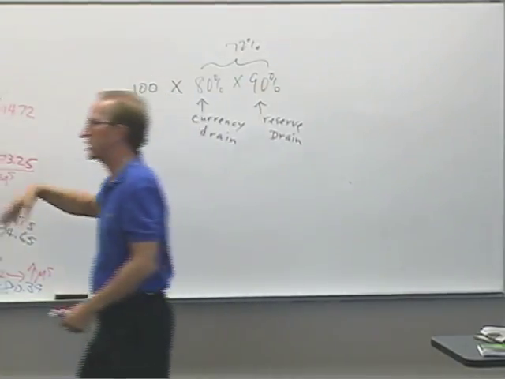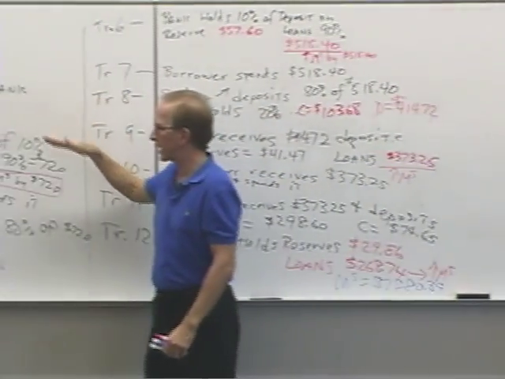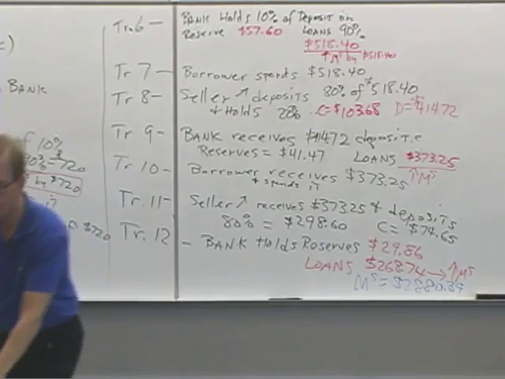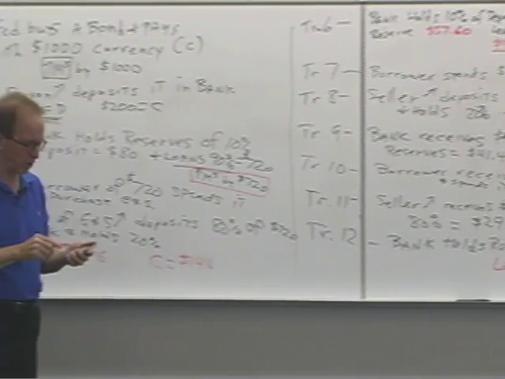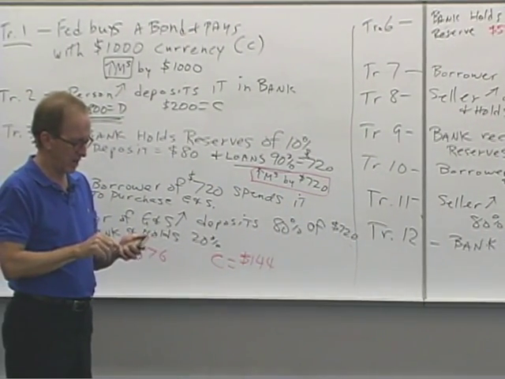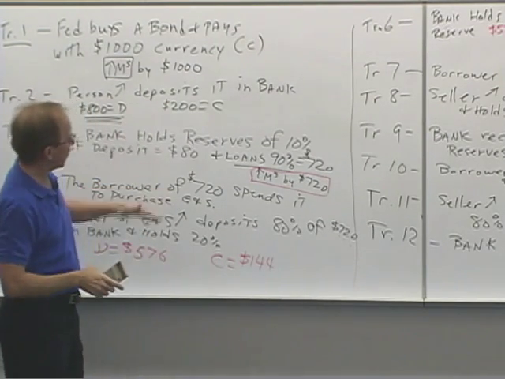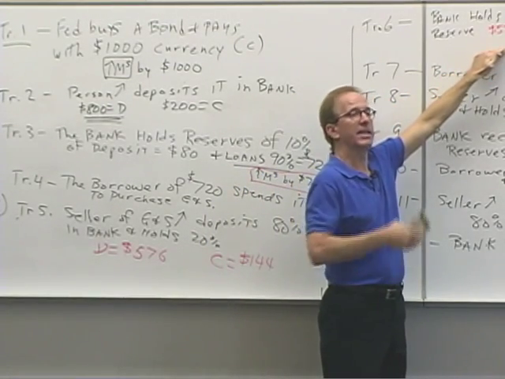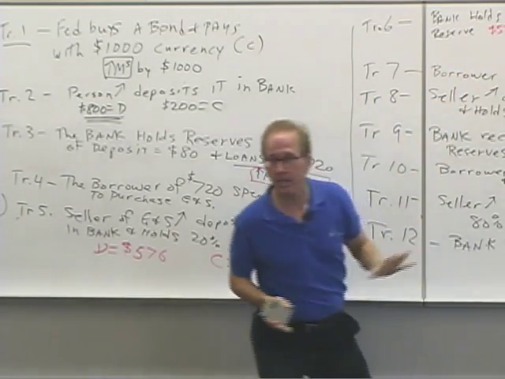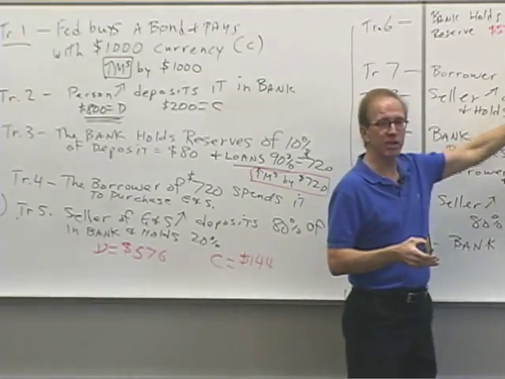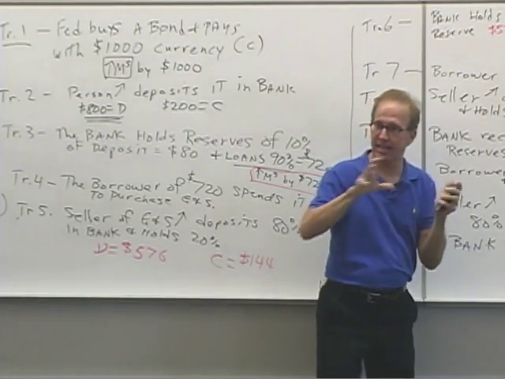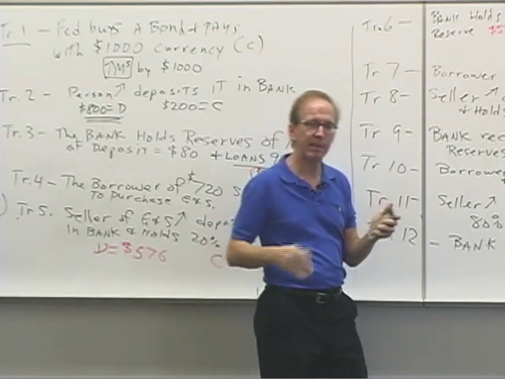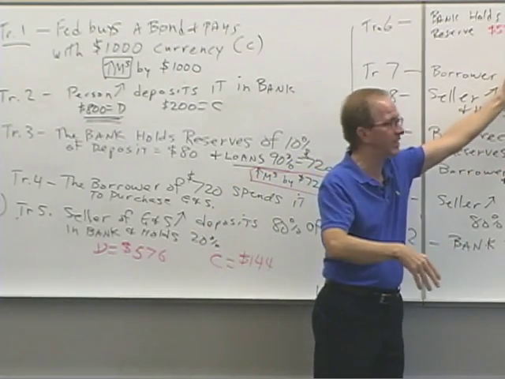And so you can see, we started with 1,000. This became $720 the next time around, and there's no question about that being 72%. But $720 times 0.72 equals $518.40. And then that $518.40 ends up being loaned out to somebody, that somebody spends it, and the next person holds 20%, makes a deposit of 80% of the $518.40.